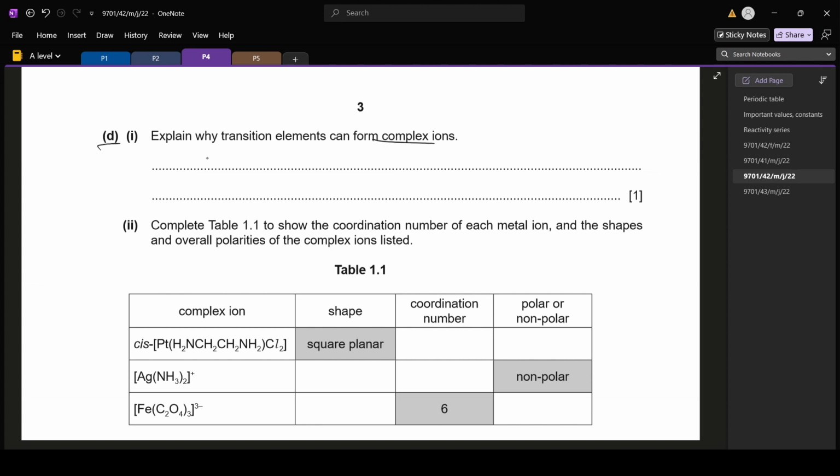So you can write: empty d orbitals are energetically accessible.